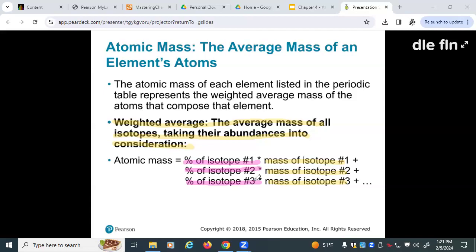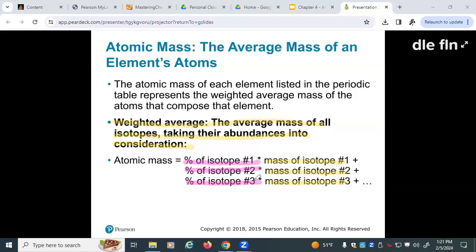This calculation, taking into consideration these average masses, like I said, can be a little bit of a complicated one, because I have to factor in not only the abundance, but the mass itself. Now, there are a couple of tricks I can show you that actually make the calculation itself a little bit easier.